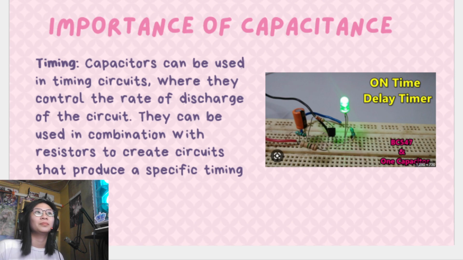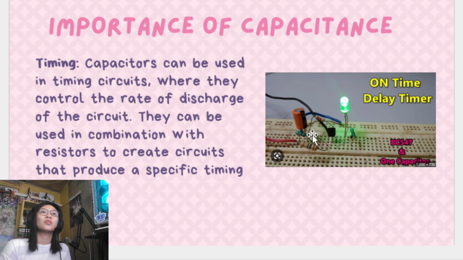Para sa timing. Okay? So this is an on-time delay timer. This is a timer na this is what we call the capacitor, kani siyang orange, and these are resistors. Resistors are the ones that limit the flow of the current, while si capacitors, siya ang mag-smooth out sa current and mag-provide sa energy.